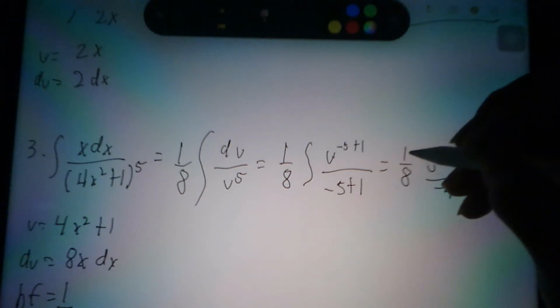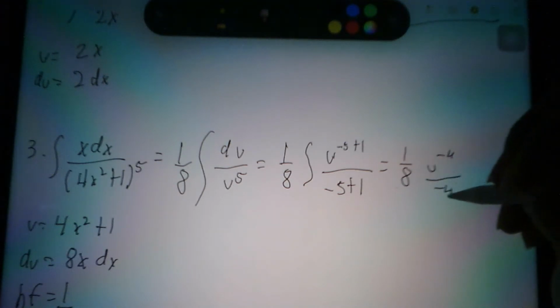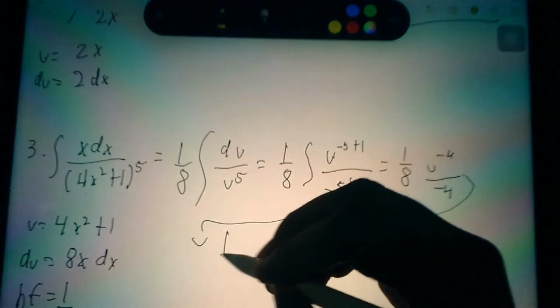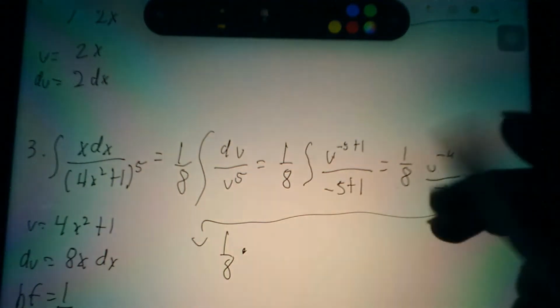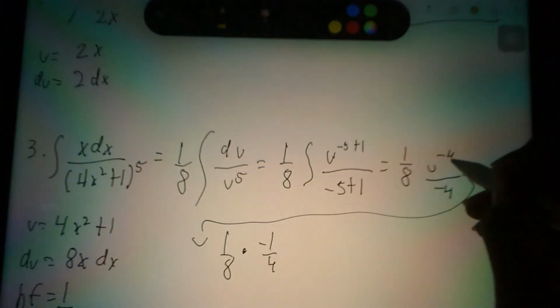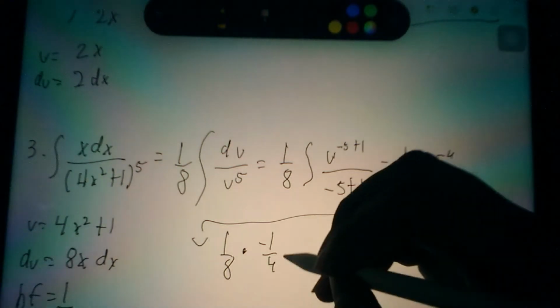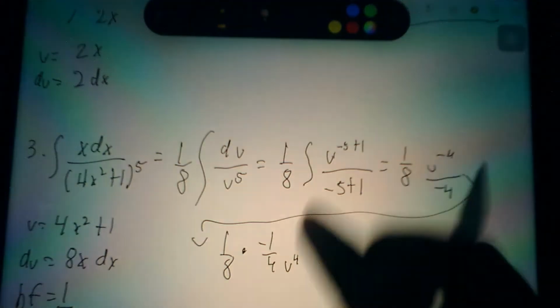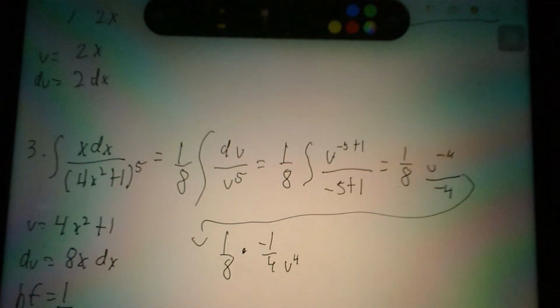So 1/8 and negative 4, let's rewrite this: 1/8 times negative 1/4. We move u raised to negative 4 below, so it becomes u raised to 4, a positive exponent.